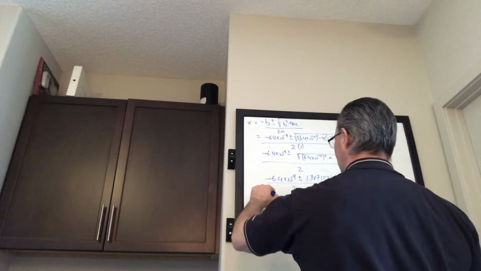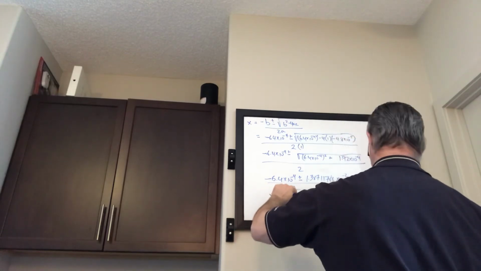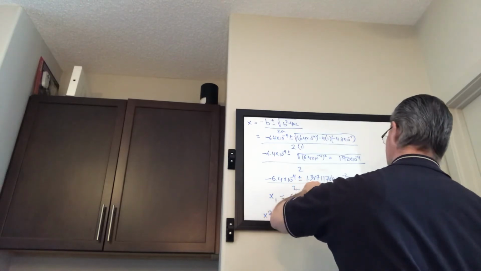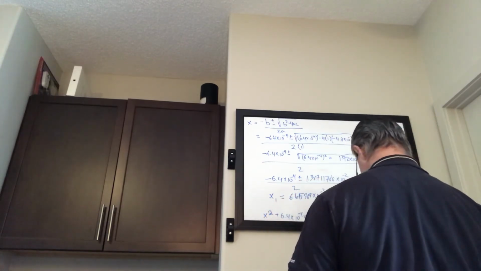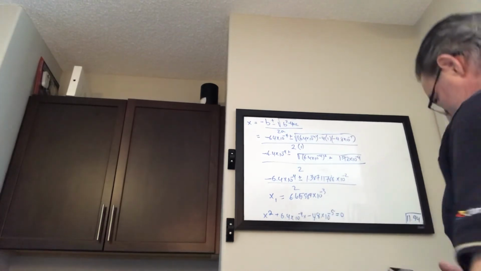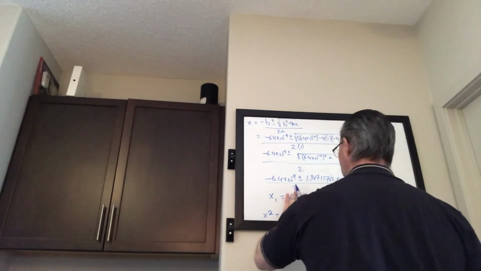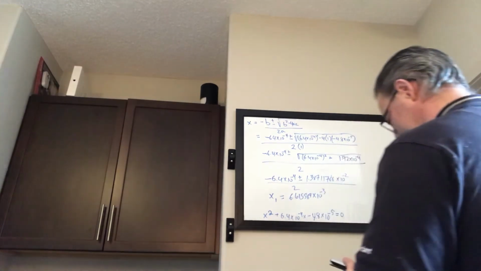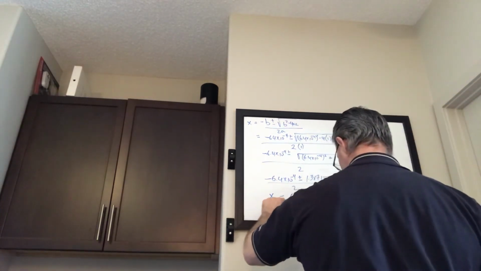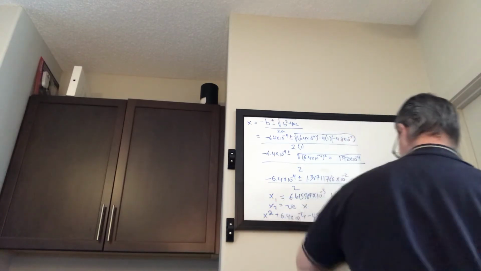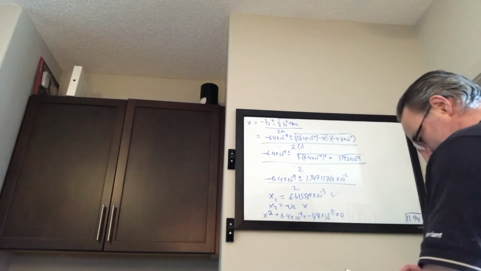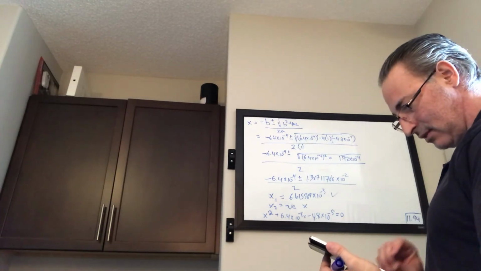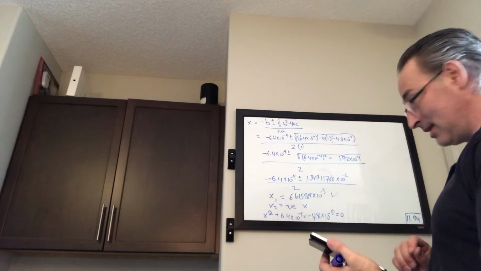So x1 in this case is 6.615589 times 10 to the negative 3. x2 is negative, so we're just going to discard it. That's the right one. So now let's take the pOH, sorry, by taking the log of it. Log of that gives you 2.179.